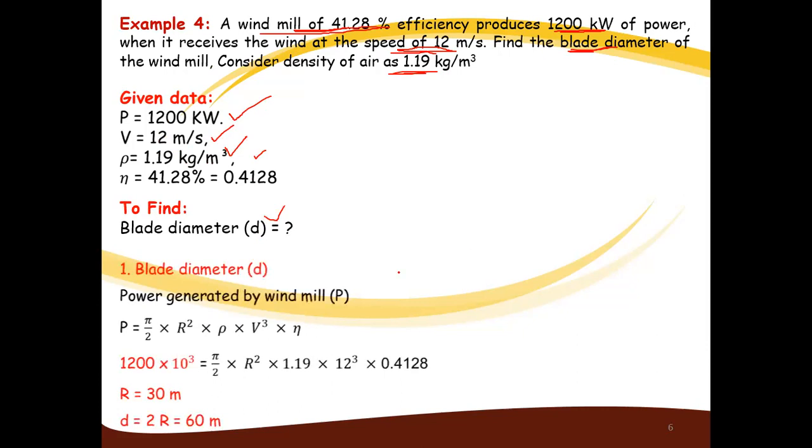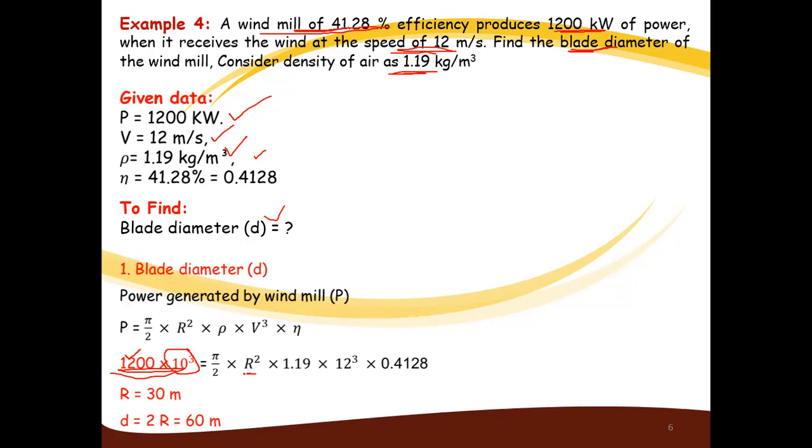So again, power generated by same formula, P is equal to pi by 2 R square into rho into V cube into efficiency. Now power is given, that is 1200. It is given in kilowatt, so we have to convert it into watt, that is multiply by 10 raised to 3. Then pi by 2 into R square.